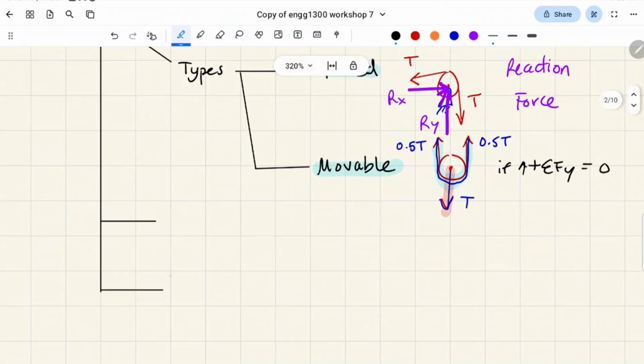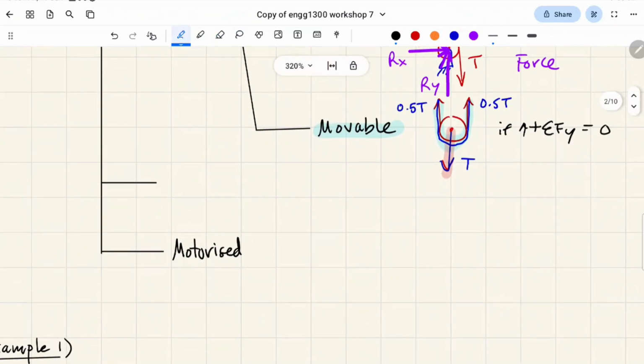Yeah, I'm actually going to talk about this point I have at the bottom here first. So motorized pulleys. I've seen one question. I haven't included it in this lesson's workshops, but I've seen one question for a motorized pulley, but it might look something like this, right?